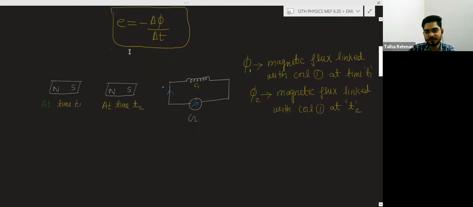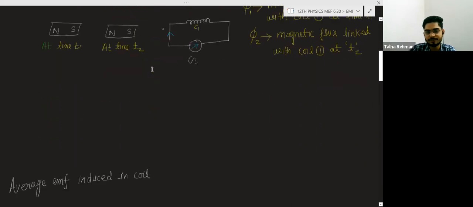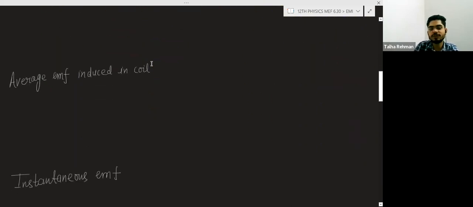So the average EMF is simply this, for a finite interval of time. The average EMF induced in the coil will be given by minus delta phi divided by delta t.